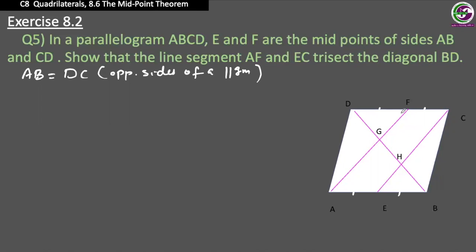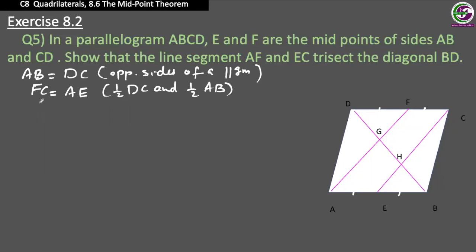And E and F are the midpoints, so we can say that FC is equal to half of DC, which is the same as AE. Half of opposite sides, half of DC and half of AB.